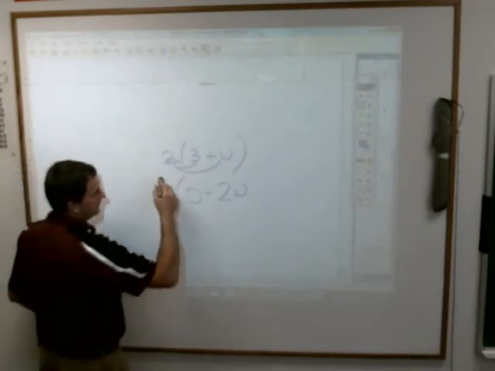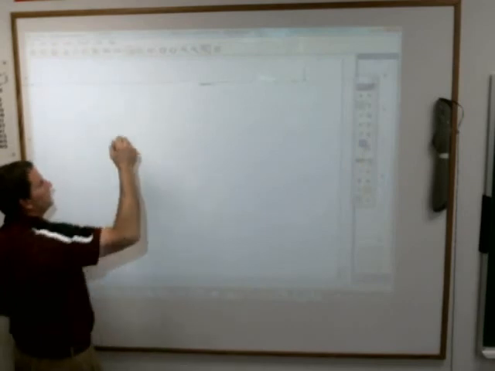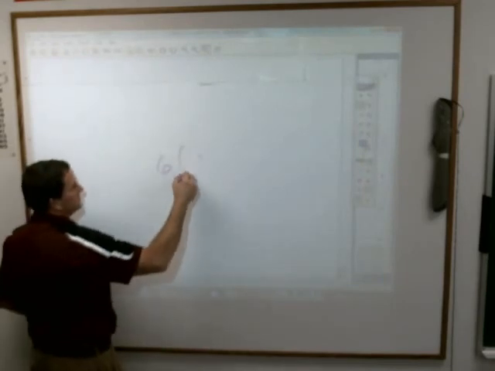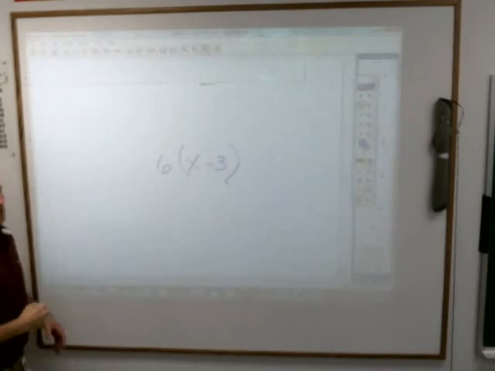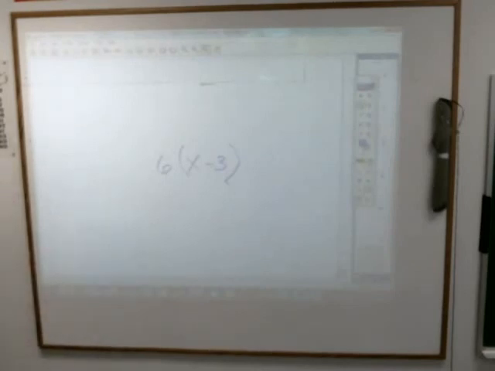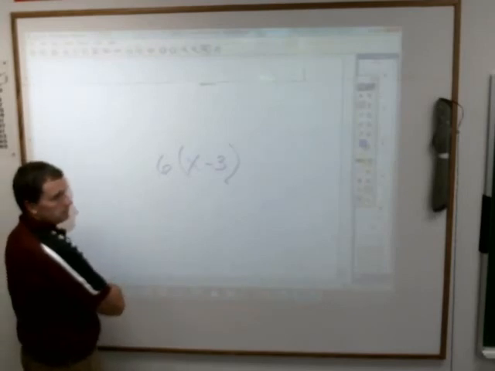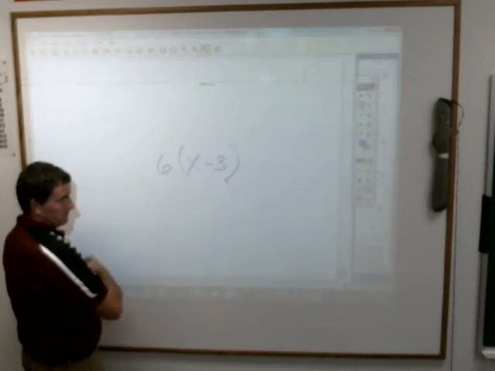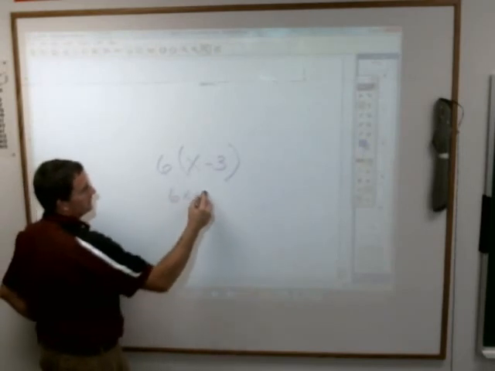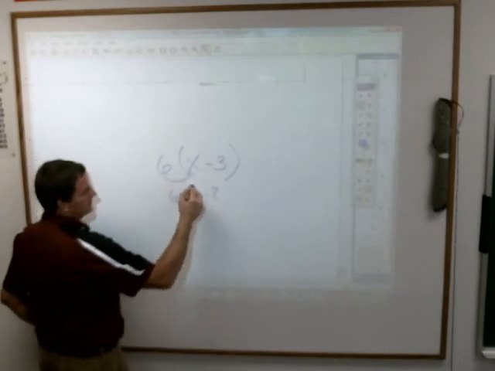Okay, that is right. How about this one? 6 times x minus 3. What do I get if I do the distributive property there? Evan, 6x minus 18. Correct, because it's 6 times x, and then it's 6 times minus 3.